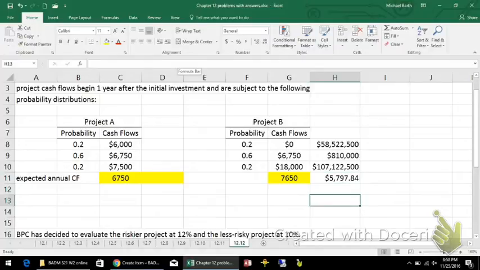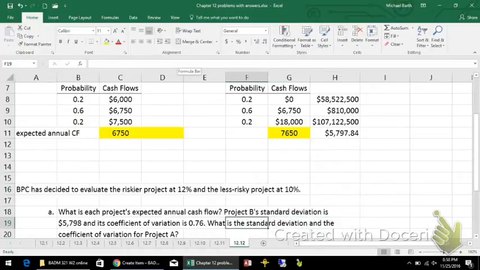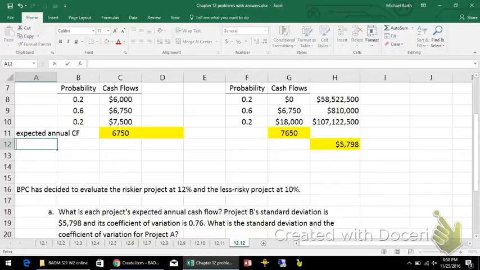That's the Project B standard deviation, 57.98. Okay, so I've calculated it for Project B. I'm going to just move this down a hair, and we'll call this the standard deviation.